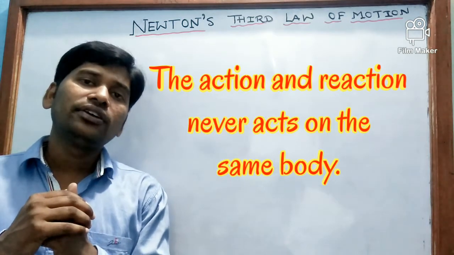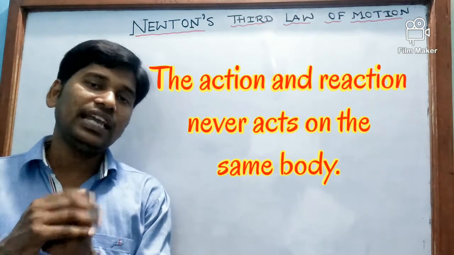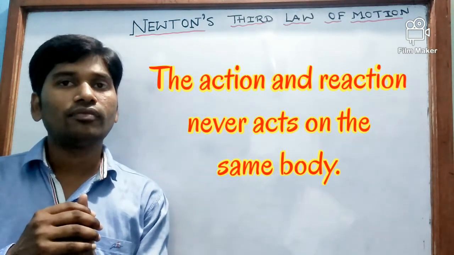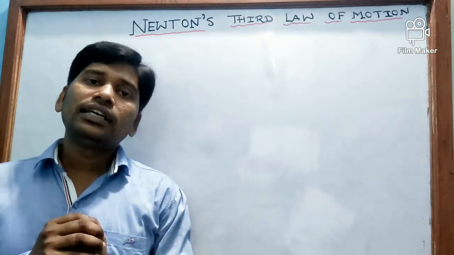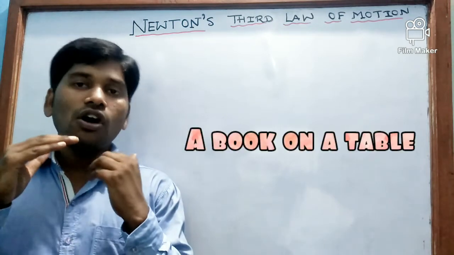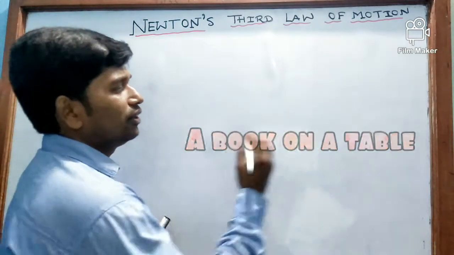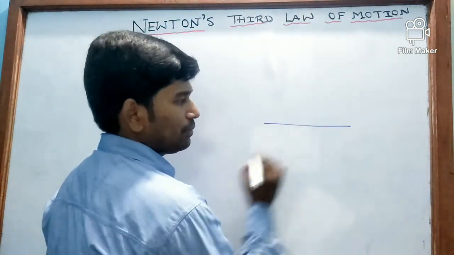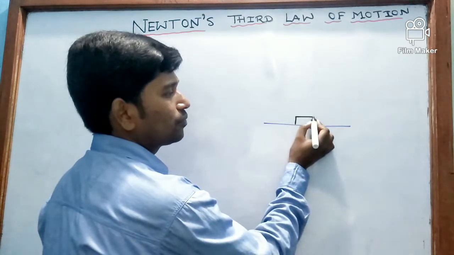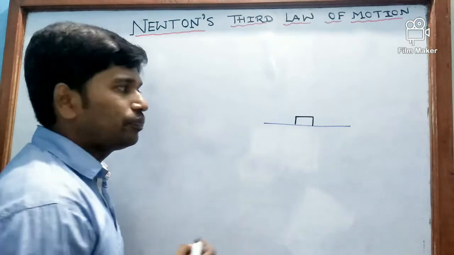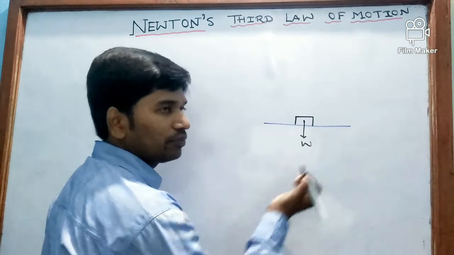Let us see the examples of action and reaction in our daily life. The first example I am going to explain: a book on a table. When a book is kept on a table, suppose a table is there and a book is placed over it, so the weight of the book is acting vertically downward.